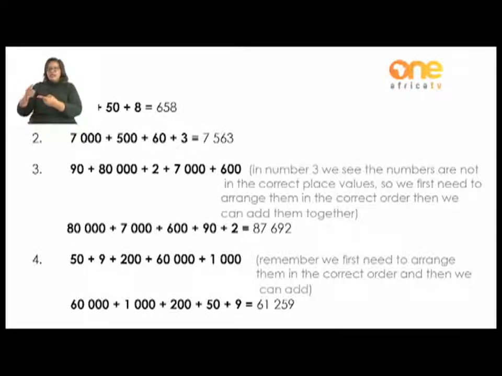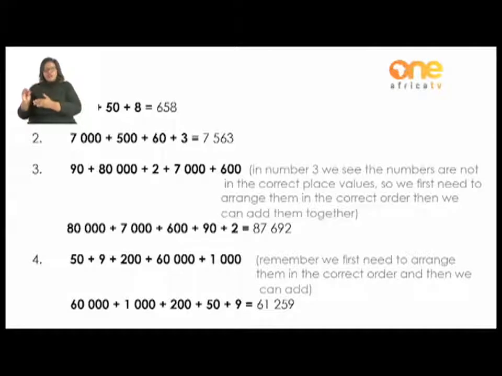And if we add it together, that gives me 87,692. Remember, we first arranged from the biggest value to the smallest value, and then we add it together.